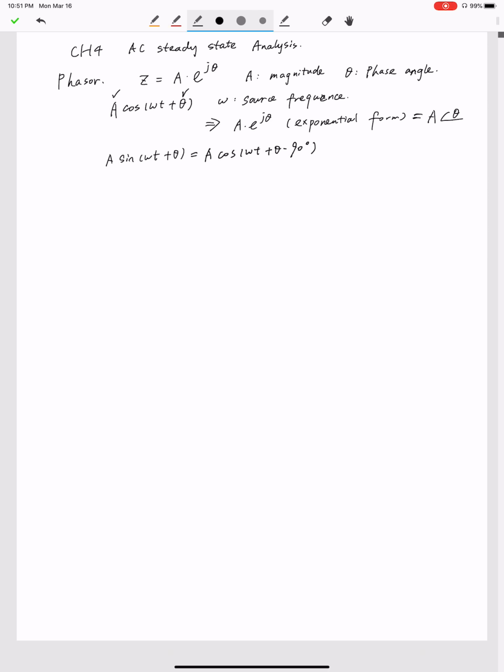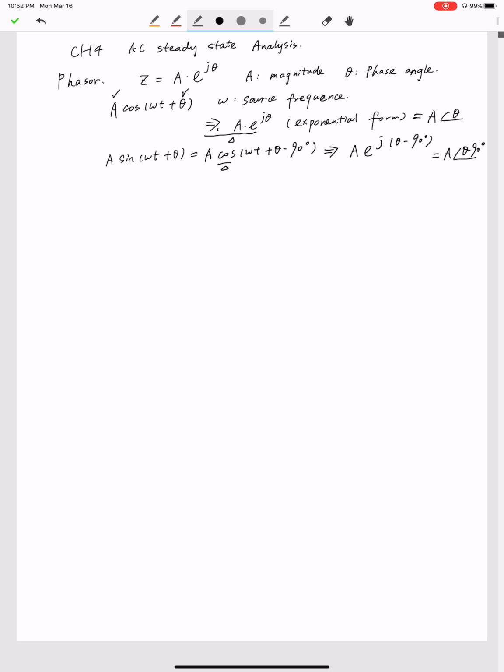Then again we have the cosine function, and the cosine function can be represented as a phasor by following the above transformation. So this can also be represented as A e^(j(theta minus 90 degrees)), which in the polar form is A angle theta minus 90 degrees, right?